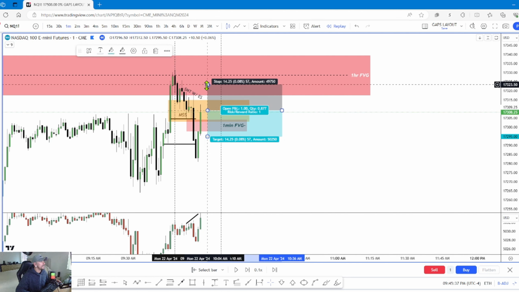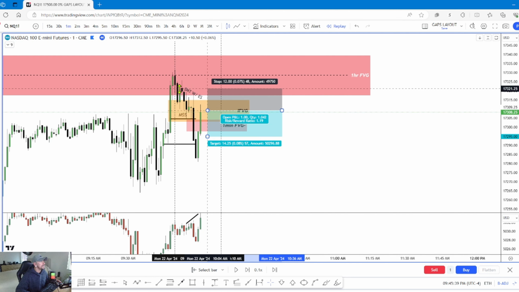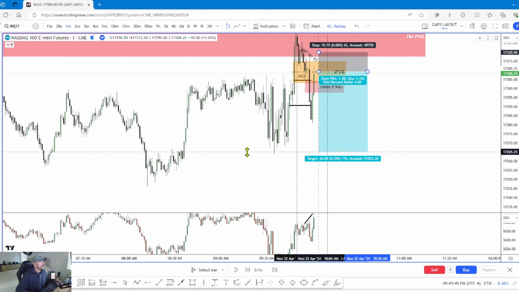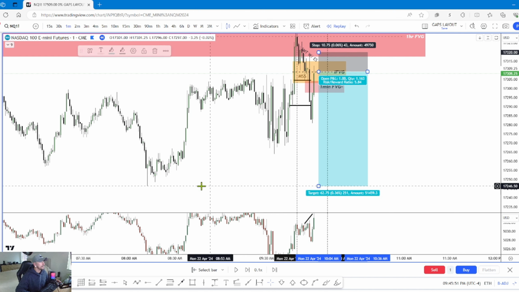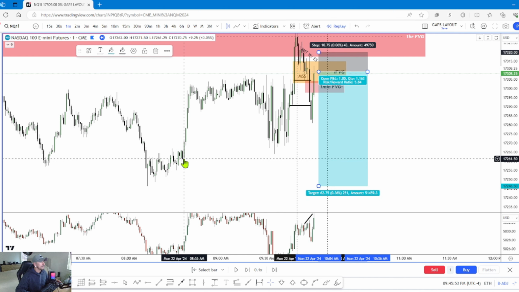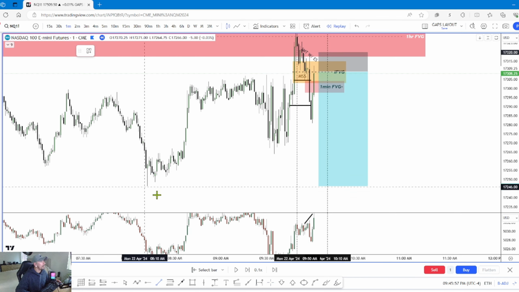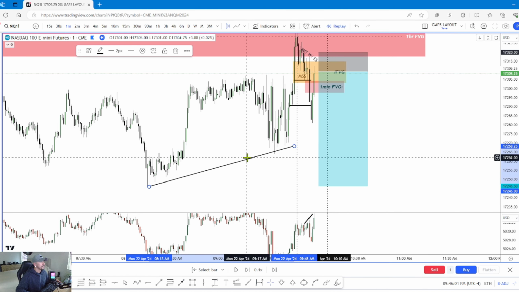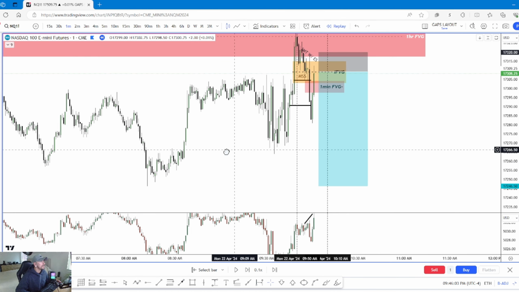So we know that this high should be safe in here, and we can target low-hanging fruit here, take partials there, or target this swing low, this liquidity in here. All of this is liquidity, engineered all in here.